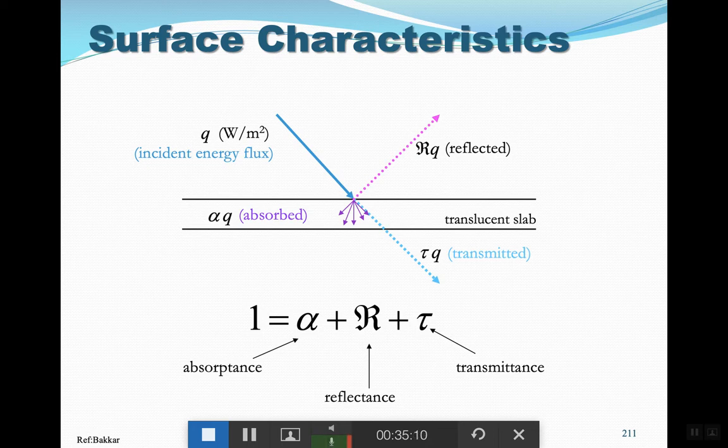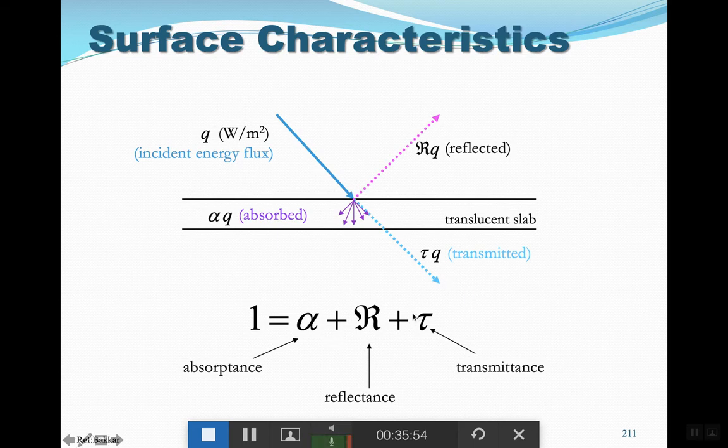Absorptance is a coefficient that determines how much of the heat which comes to the surface of the object through radiation can be absorbed by the surface itself, and of course increasing the temperature of the surface. The reflectance is a coefficient that is basically measuring how much of that radiation is being reflected from the surface going some other places. And of course transmittance is a coefficient determining how much of the radiation is passing through the object.